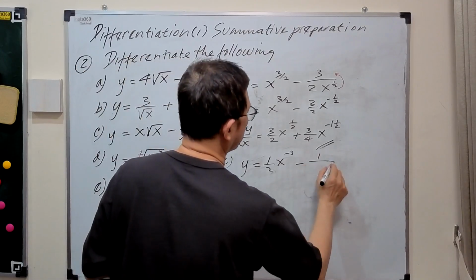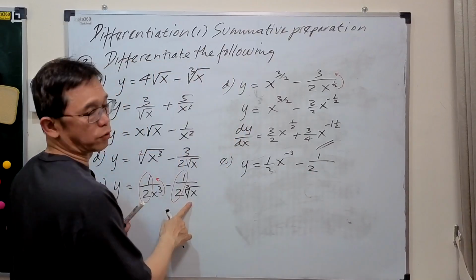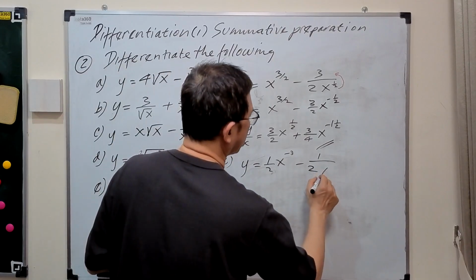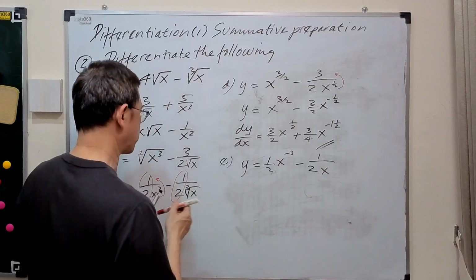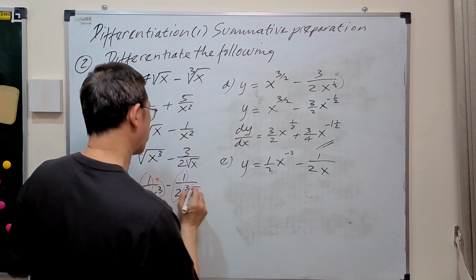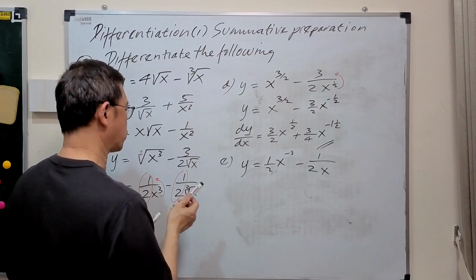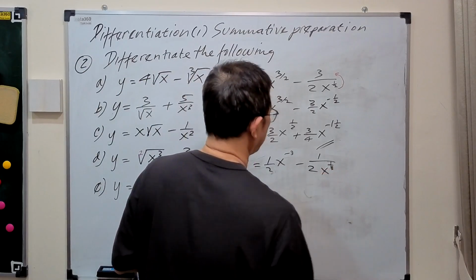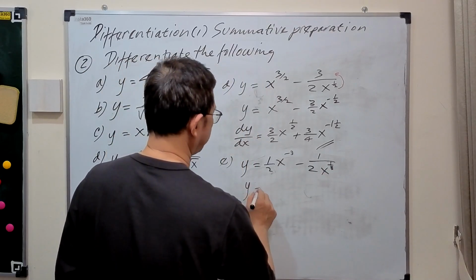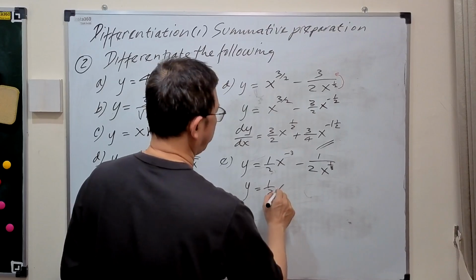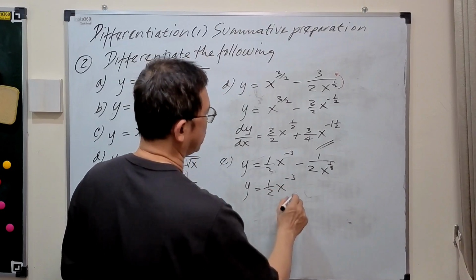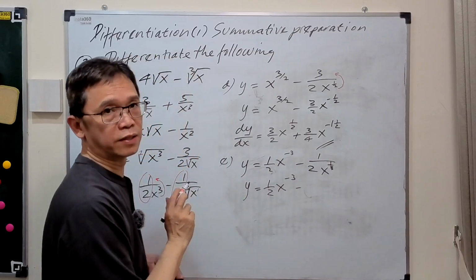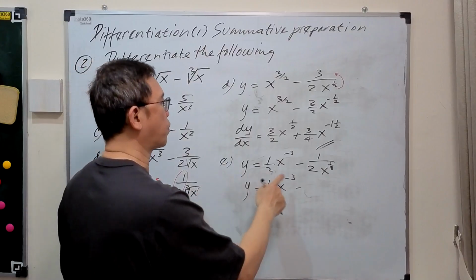So 1 over 2 cube root of x, what will this be? You treat this like it has a power of 1, x to the power of 1 over 3. And then we have x to the power of negative 3. So we do differentiation after all the terms are ready to be differentiated to apply the power rule.